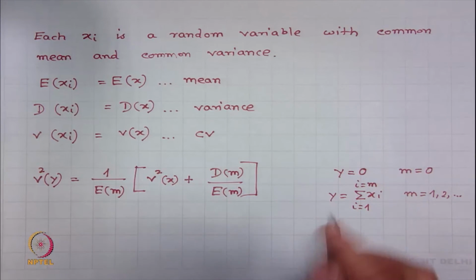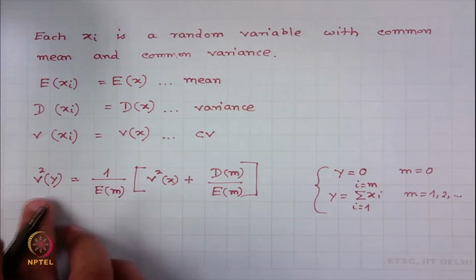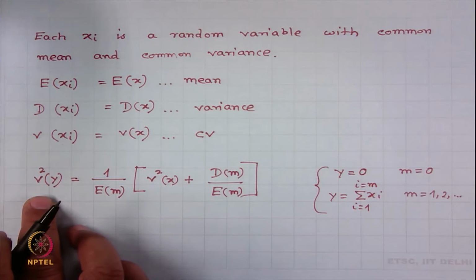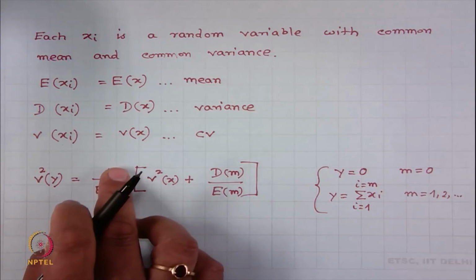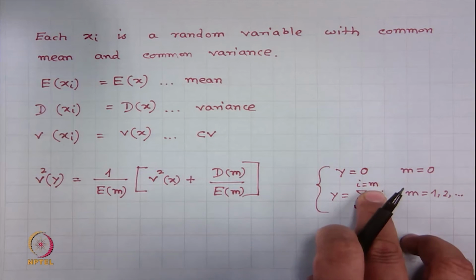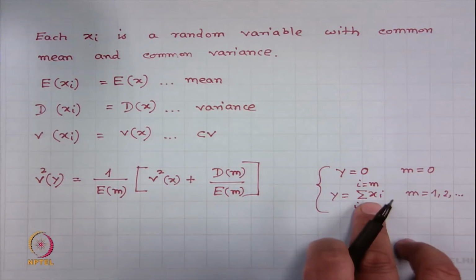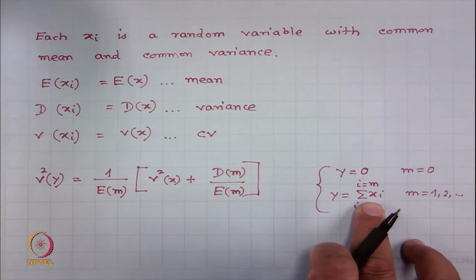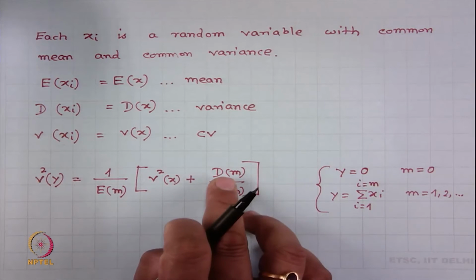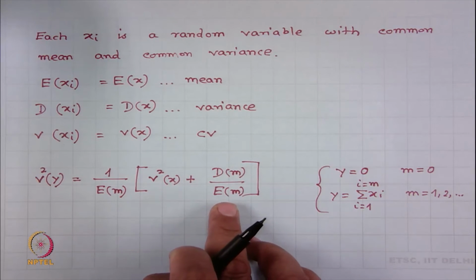So, if this is how we define y, then the square of CV of y is 1 divided by expectation of m, into the square of CV of the x random variable, plus variance of m divided by expectation of m.